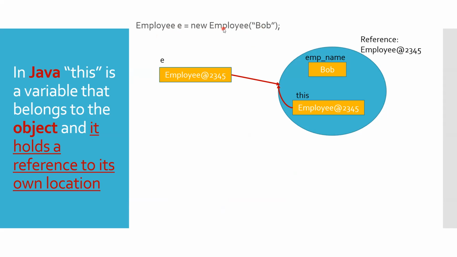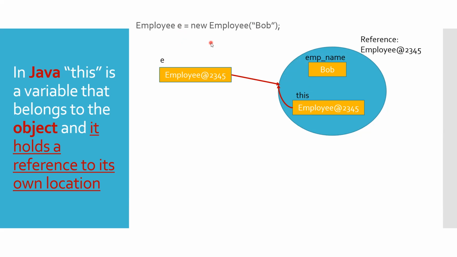After new is called, the actual object is created in memory, and its address is stored in the reference. Now, this reference e is what we created, but there is another reference that we didn't create, that is automatically created and is internally part of the object, called this.